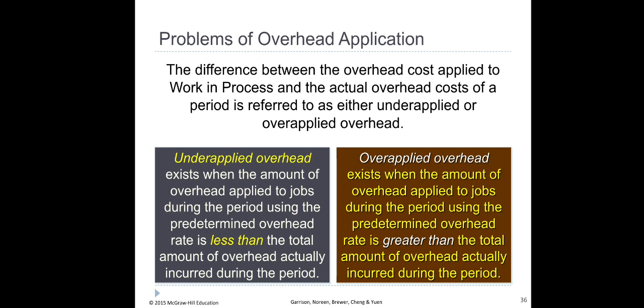So overapplied overhead is a situation where the total overhead cost that you have calculated using the budgeted data or POHR is higher compared to the actual overhead cost recorded or paid by the business. This situation always happens because the budgeted data is always different compared to the actual data.